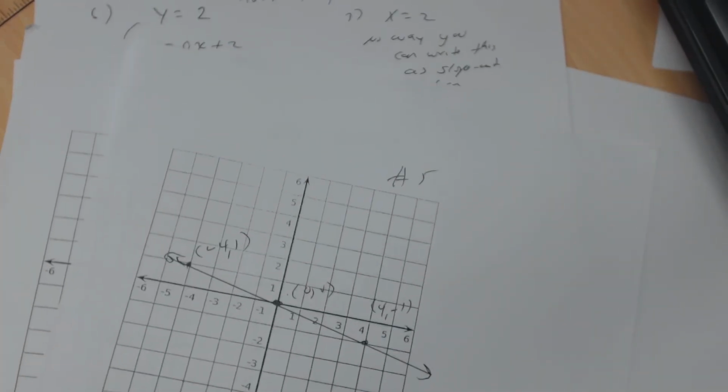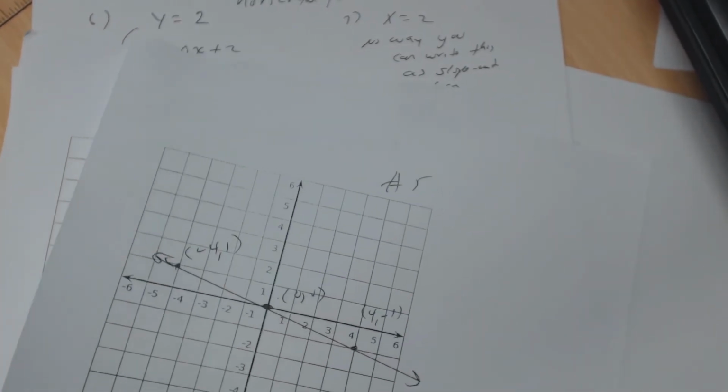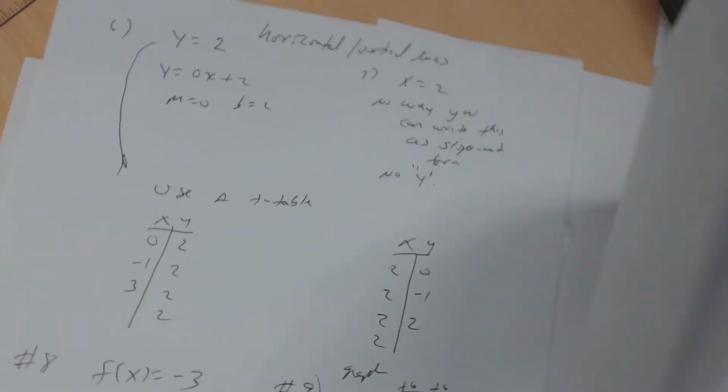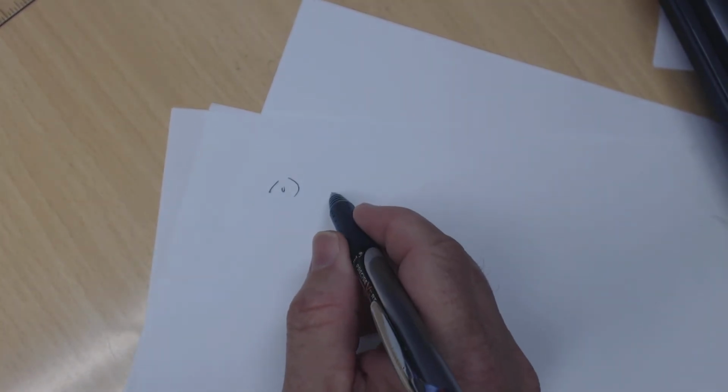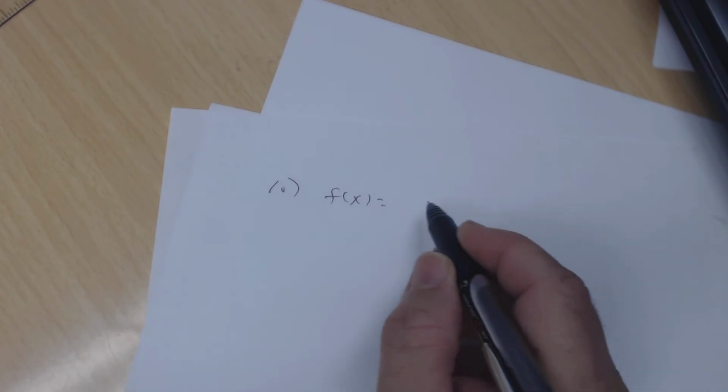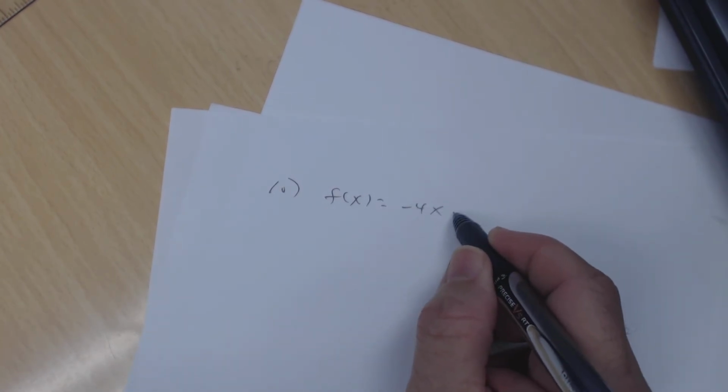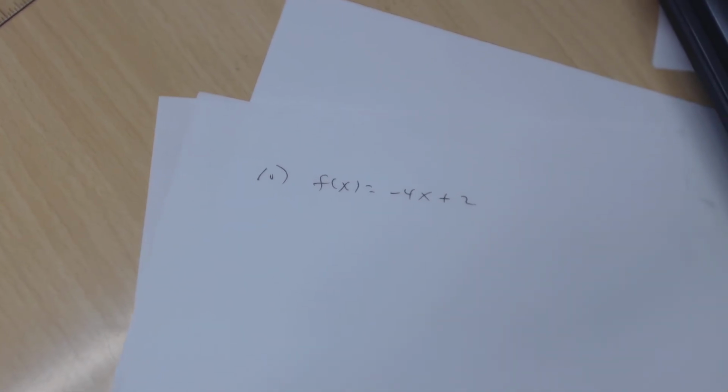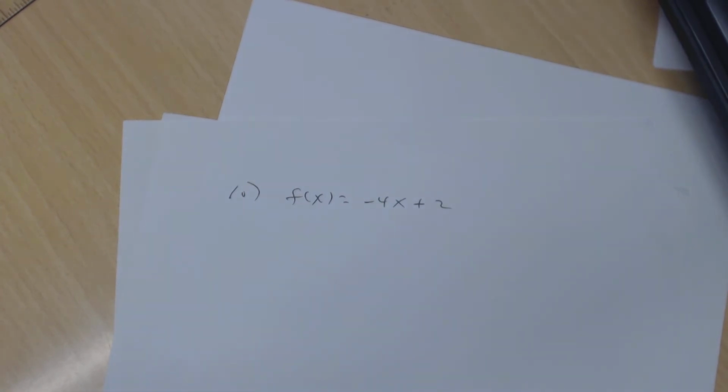Okay, so that part about if it's a whole number or an integer, let me just explain what that means. So let's write this as number 10. All right, suppose we had f of x equal negative 4x plus 2. All right, so first of all, is this in slope-intercept form?